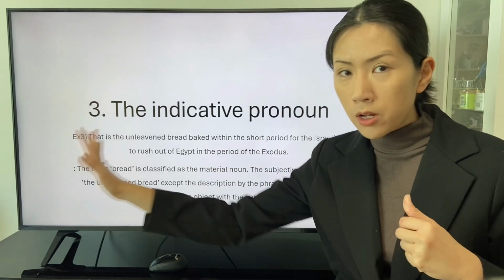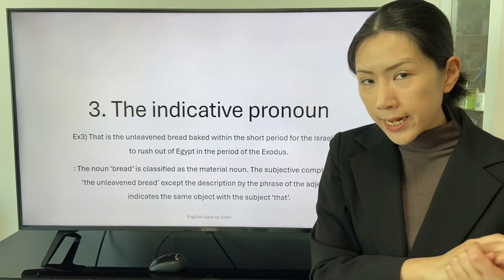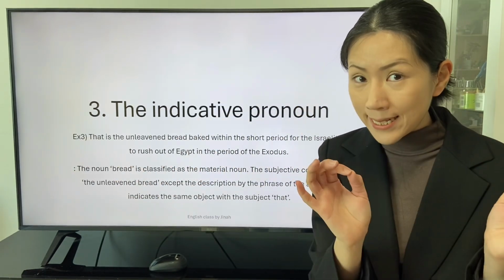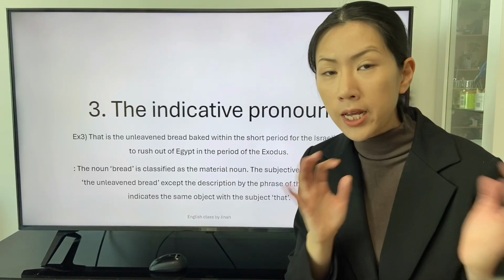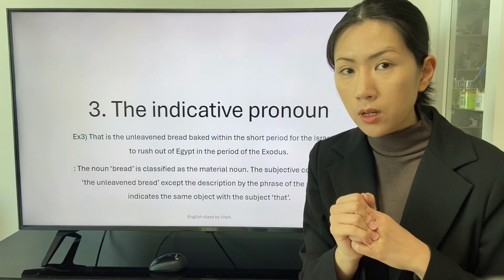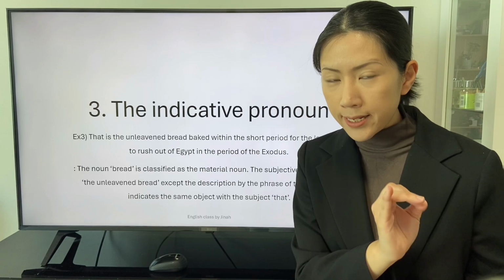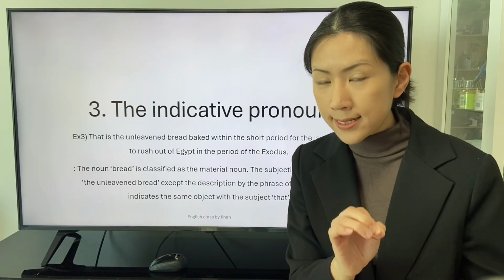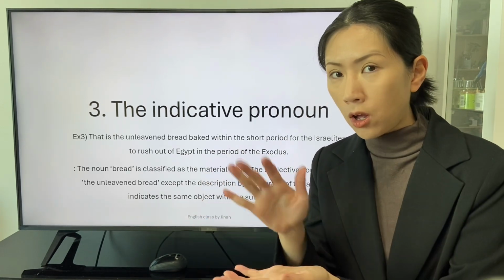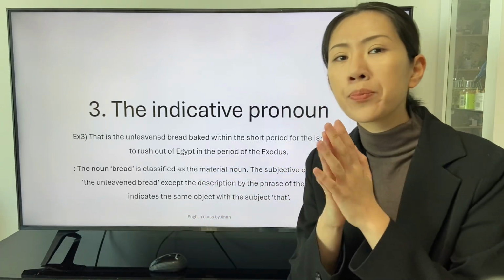But in this clause, the indicative pronoun that indicates the object, bread. The indicative pronoun that reveals that the object is singular.